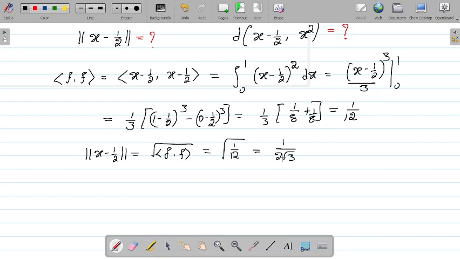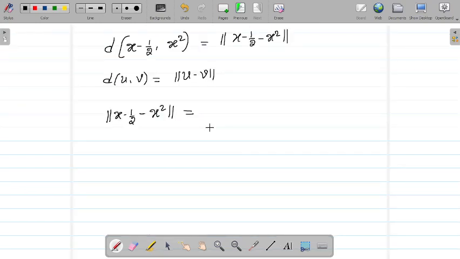Okay, so let's do it. The norm of x minus 1/2 minus x square, that's nothing but the square root of... let me first find the norm square and later I'll take the square root.